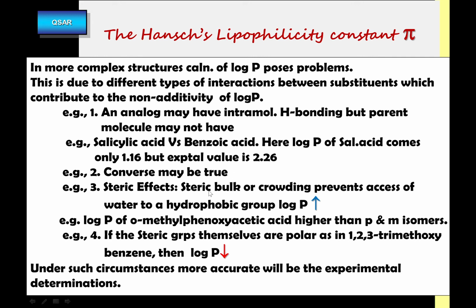Steric effects, steric bulk or crowding also prevents access of water to the groups and log P increases. Say for example, orthomethoxy phenylacetic acid has higher log P than its para and meta isomers. But if the steric groups themselves are polar, like in 1,2,3 trimethoxybenzene, then the log P drops.